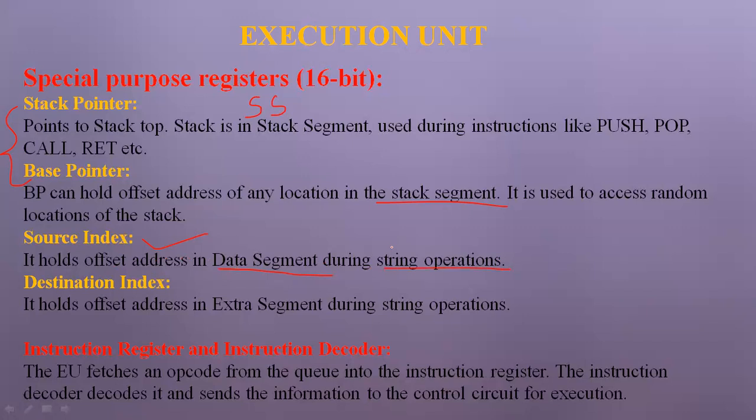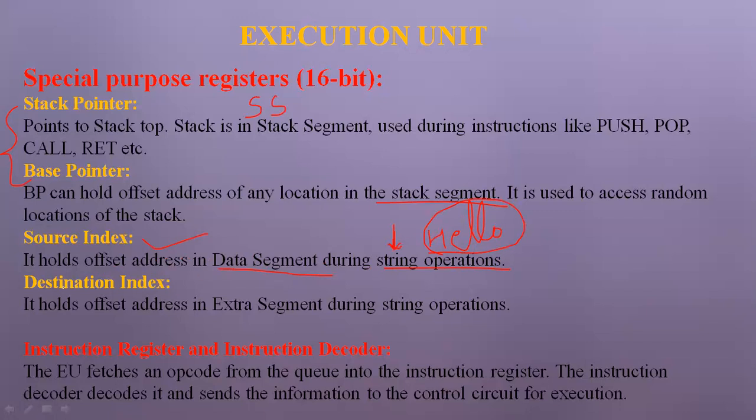What is the meaning of a string? A collection of data, for example hello. Here it is not a single byte, it is a collection of data. It is called a string. So in this situation it holds the offset addresses in the data segment.